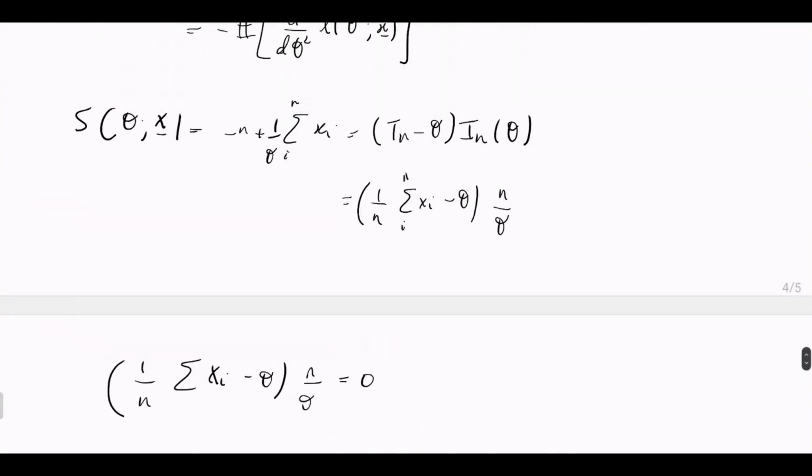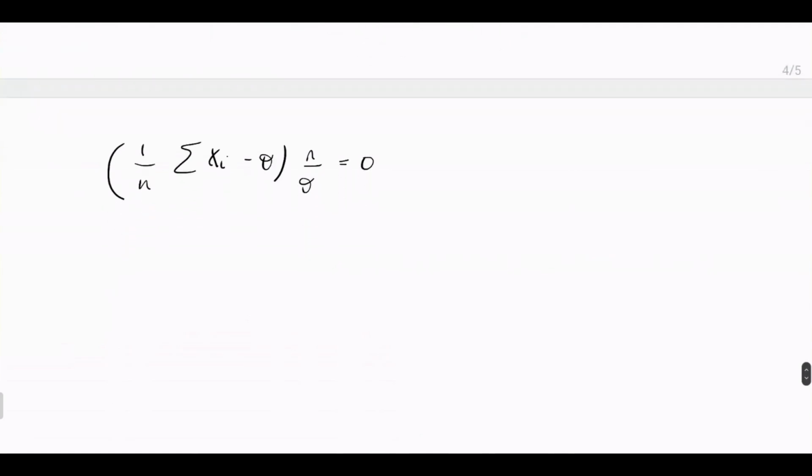So it works both ways. You can say that you found this to be the MLE, and you found this to be also the efficient estimator. And this won't be equal to 0 unless n is 0, but n is always larger than 0. It is at least 1 as a matter of fact.